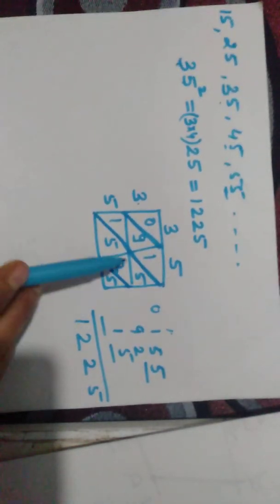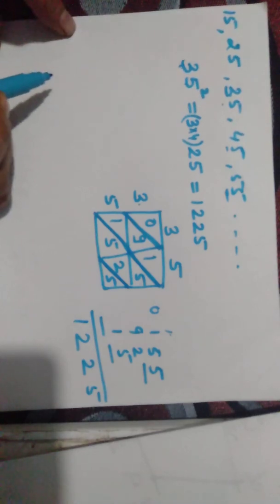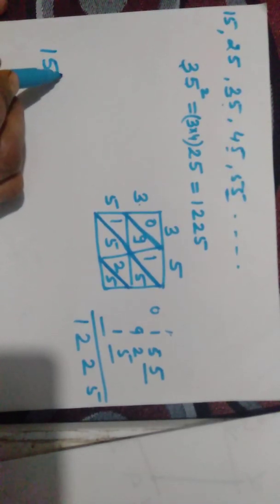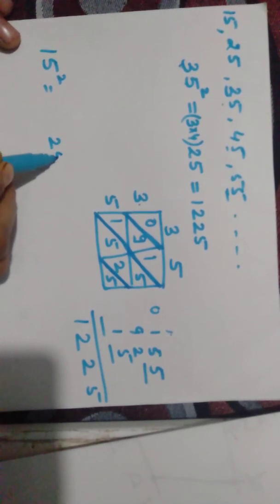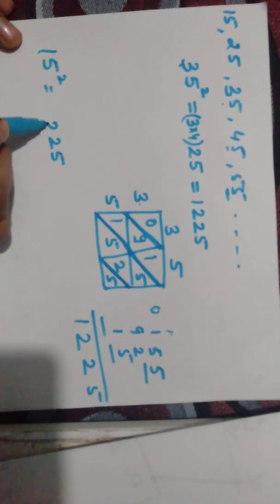It's an easier method; there's no need to use the diagonal method when the last digit is 5. We found 35 square. In the same way you can find 15 square. The last digit is 5, so 25, and 1: the successor of 1 is 2, 1 into 2 is 2.